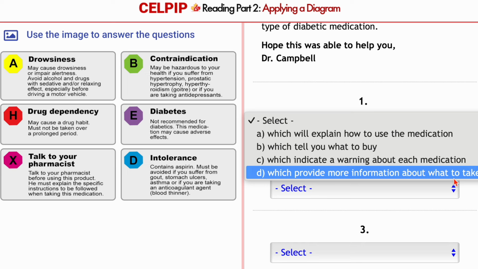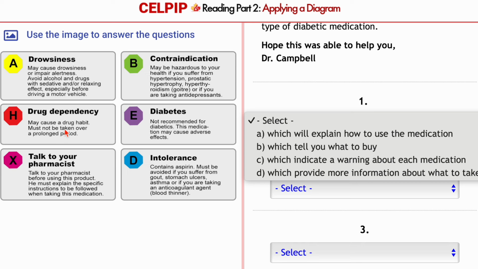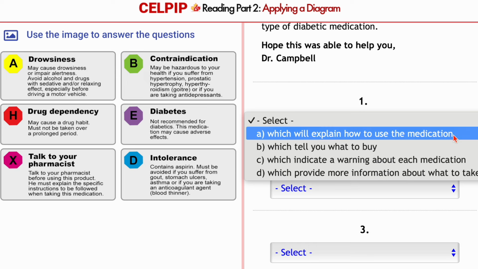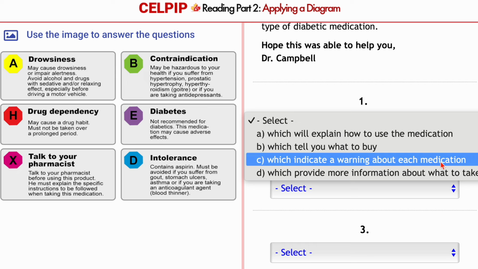Well, it doesn't tell us what to take. It says may cause, talk to your pharmacist, may be hazardous, not recommended, contains aspirin. So not what to take, and also not how to use, because it seems to be giving us a warning.